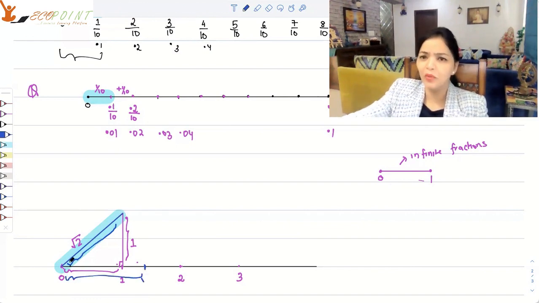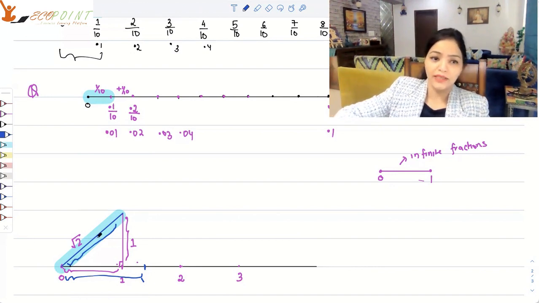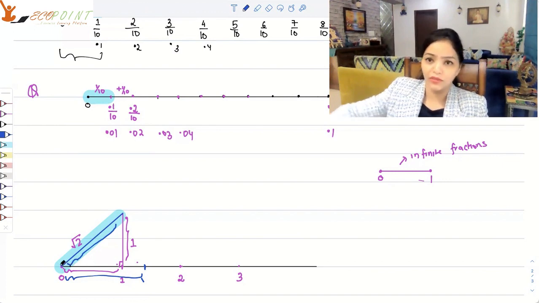Or in simple words, even if you're not using a compass, you can use anything where you can mark this length, and take that length to the horizontal line here and mark the point. And that point will be √2, because that's the length that you have here.